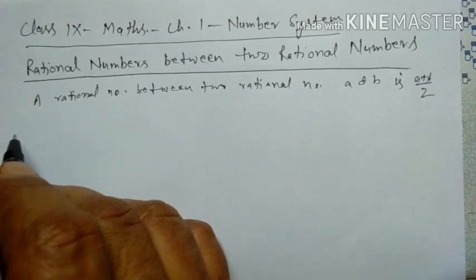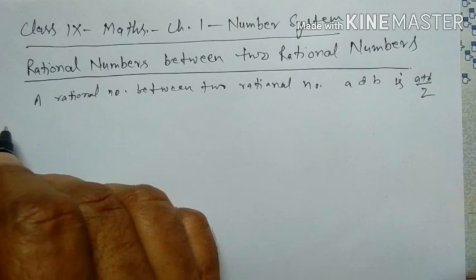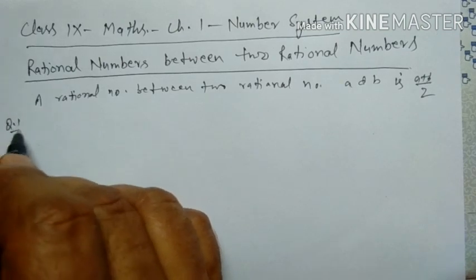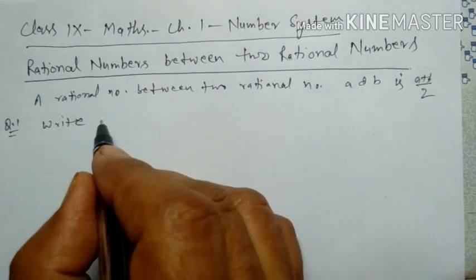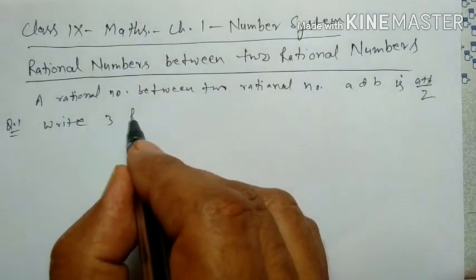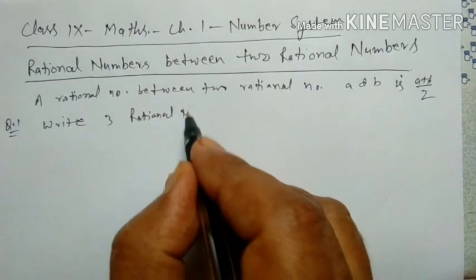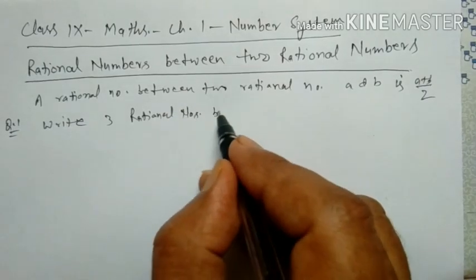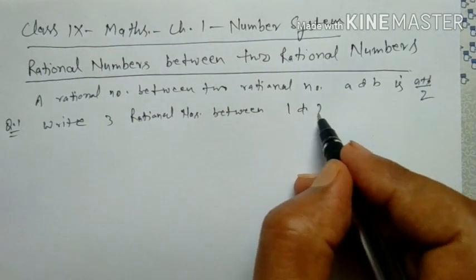Now we will take an example question first. Write three rational numbers between 1 and 2.